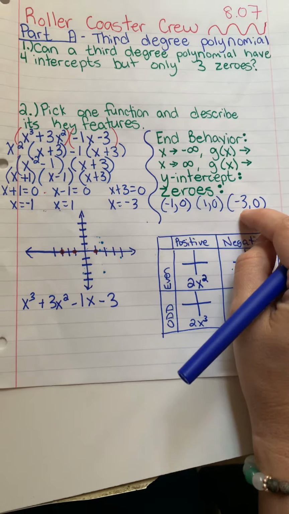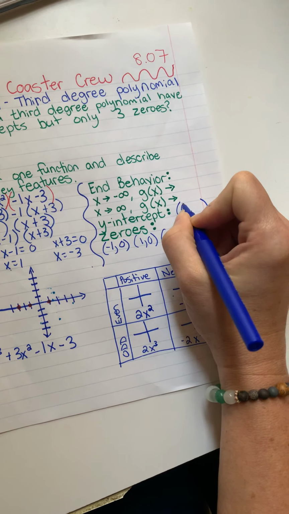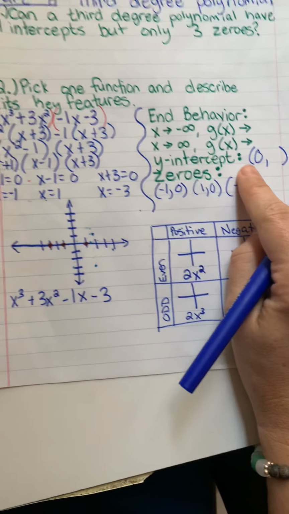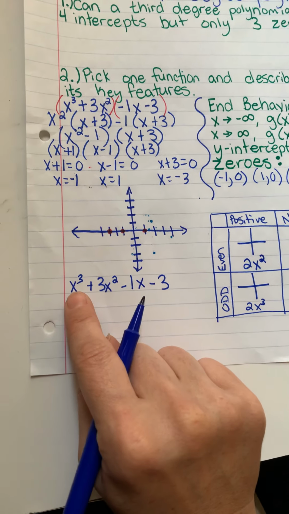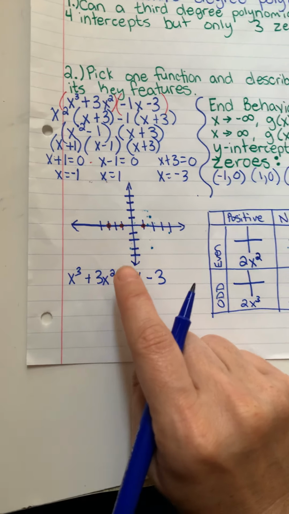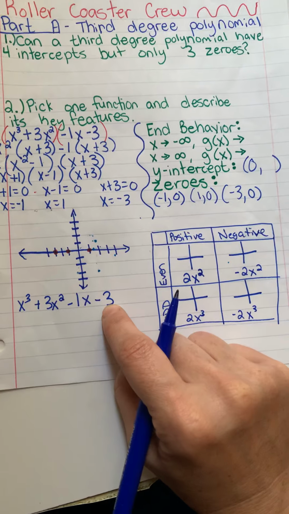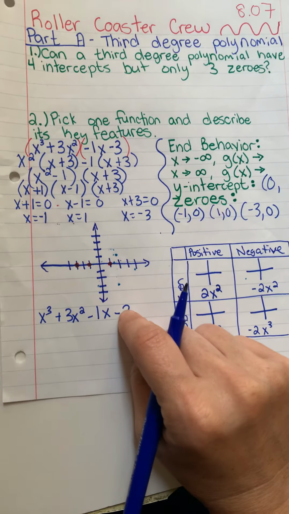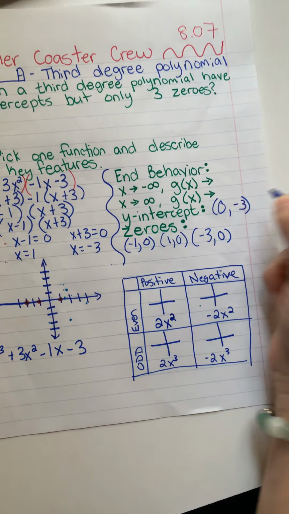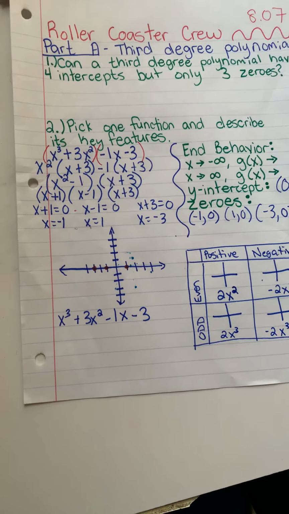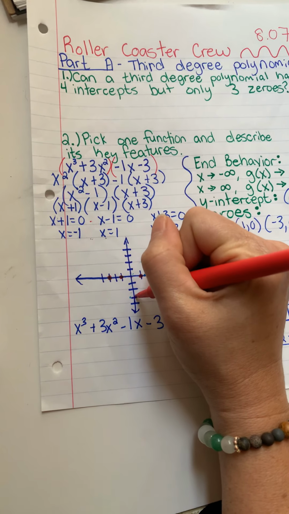When I'm looking for my y-intercept, remember my x is going to be 0. So if I plugged in x is 0, this would be 0, this would be 0, this would be 0, and all that would be left is this negative 3, which means my y-intercept is negative 3. And I'm going to go ahead and graph that right here.